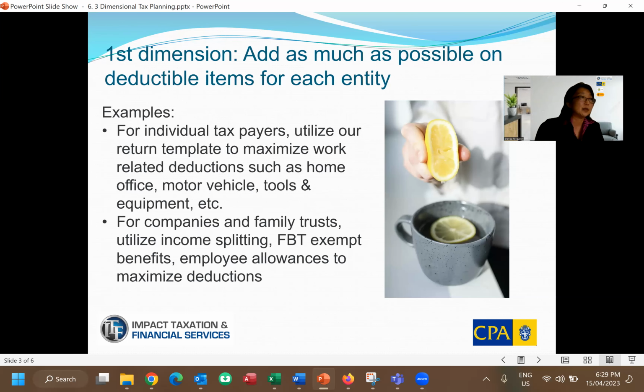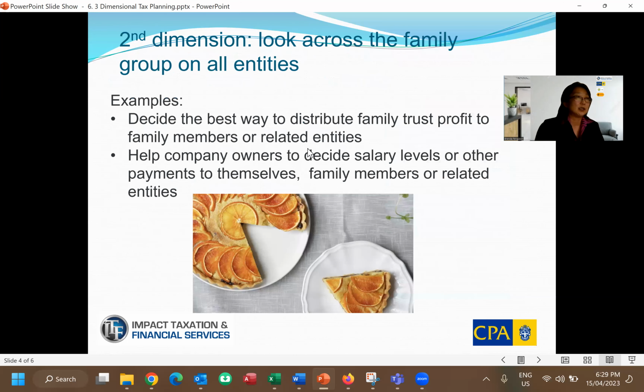In the first dimension, once each individual has utilized all the deductions, they minimize their taxable income from other channels. Then we'll have a look at, out of all the family members, which entity has the least marginal tax rate to receive more income from the family trust, after all the other deductions.